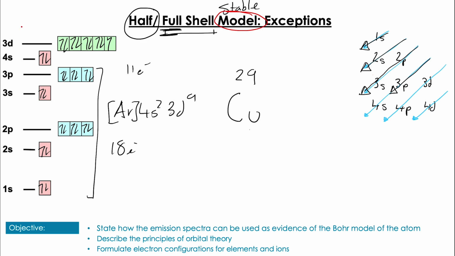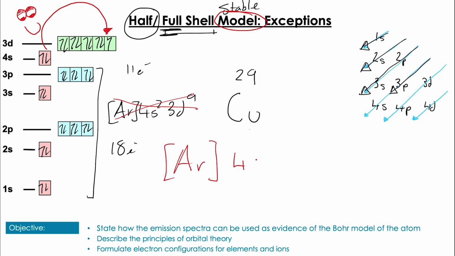However, what copper notices, well, if it could notice, it can't notice, it's not a sentient being, but if it could, it would realize that it could move one of its 4s electrons up to its 3d shell and instead have a 4s1 3d10 configuration, which would give it one full shell and one half-filled shell.